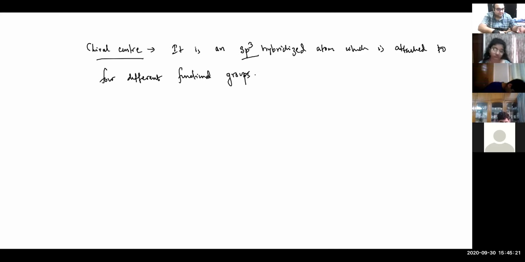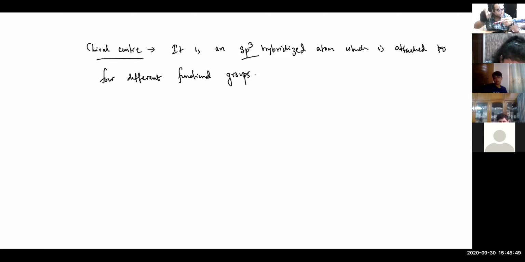This is a red pen, this is a black pen, this is a lead pencil and this is a regular pencil. So these are all 4 different objects, right? These are all 4 different things.